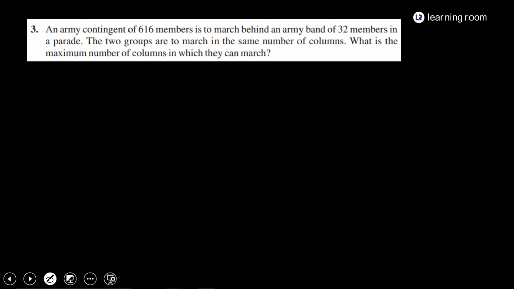They can march. So what do you need to find out here? LCM or HCF? Maximum number of columns in which they can march. I think it's LCM.